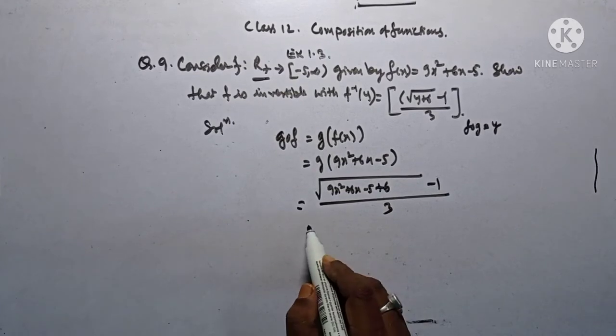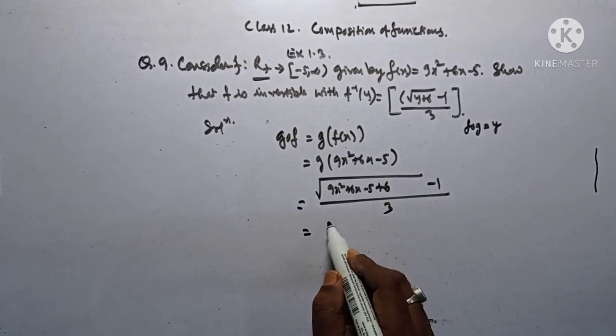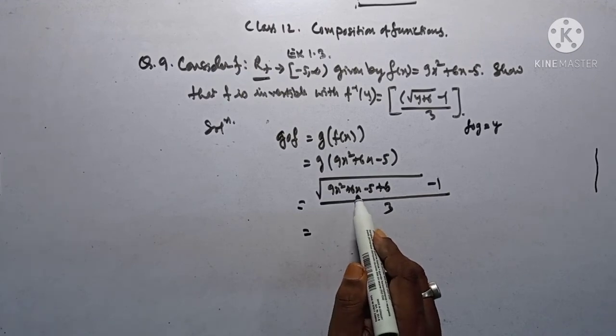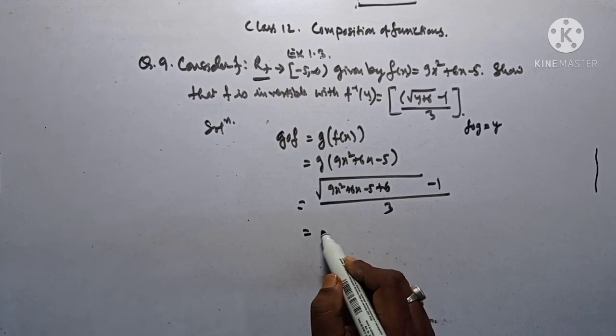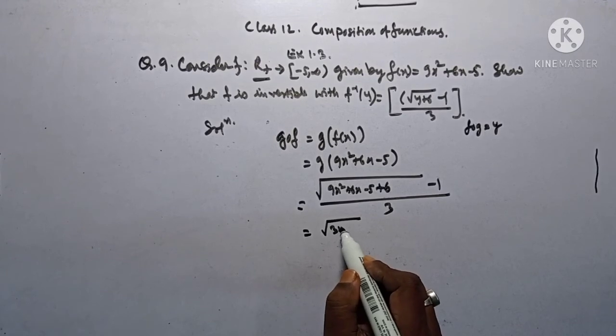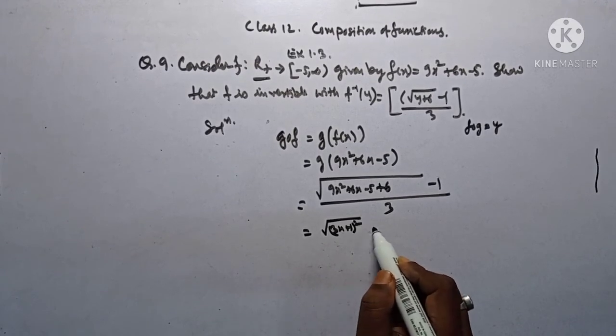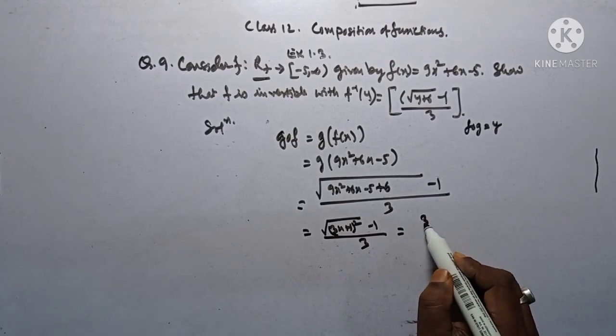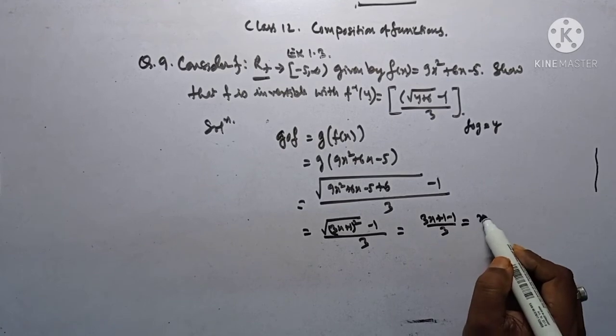So this will be 3x plus 1 the whole square minus 1 by 3, so this becomes 3x plus 1 minus 1 by 3, which comes out to be x.